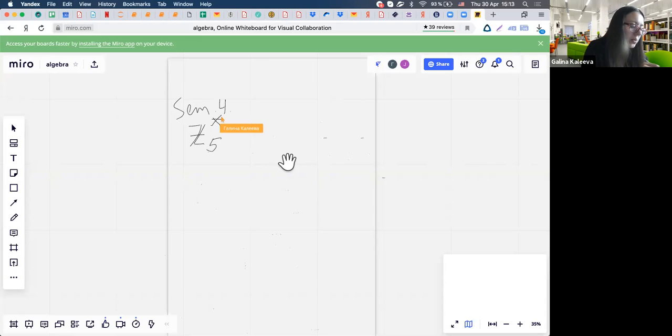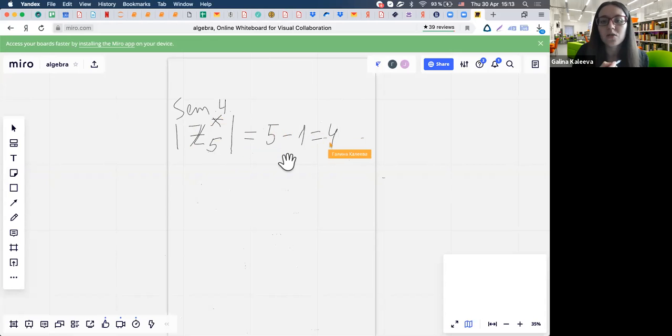First of all, we know that since 5 is a prime number, the number of elements equals 5 minus 1, which is 4. So all the elements except 0 have inverse elements. Do you remember such a fact?